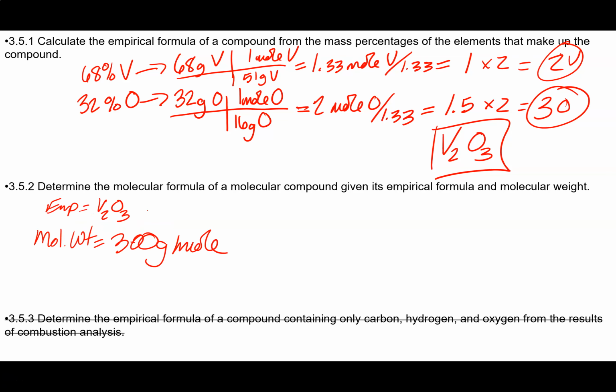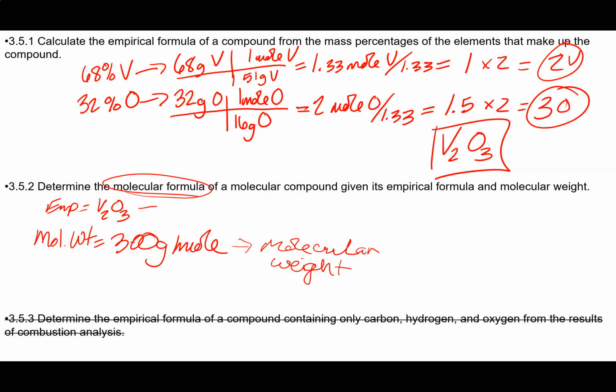Okay, so I've given you the empirical formula from the previous problem and the molecular weight of the actual compound. So this is a molecular compound. I'm trying to figure out what the final molecular formula is of a compound that's related to this empirical formula.